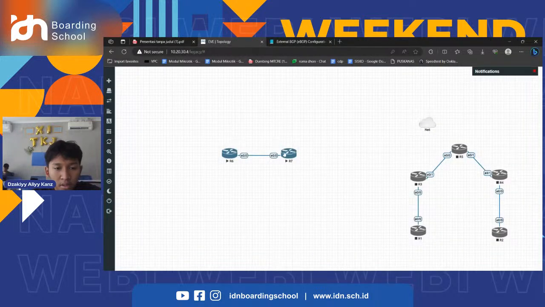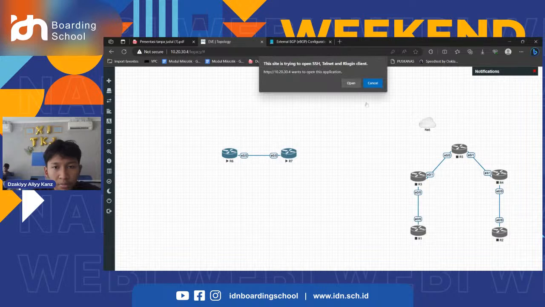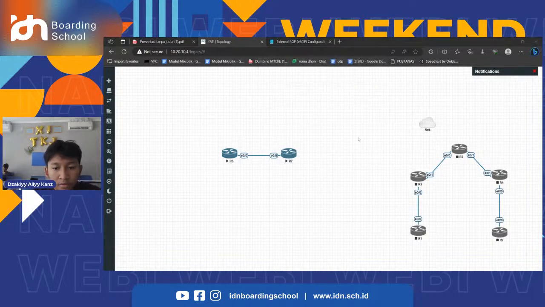And also on router 7, we'll configure BGP. Okay, we're going to router BGP 2 because router 7 is AS2 in the BGP routing protocol, and router 7 is the BGP peer router.